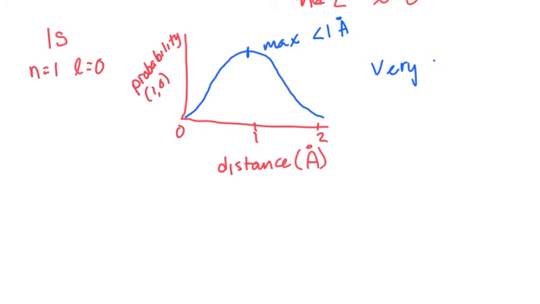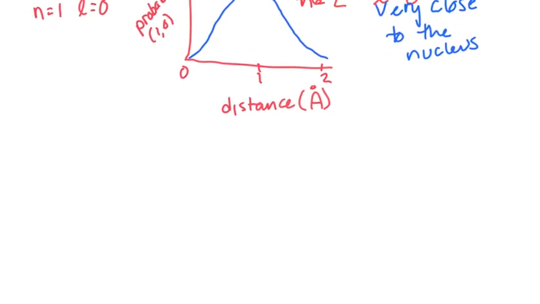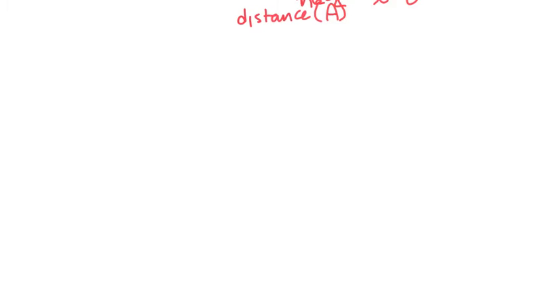So what we say is that the electrons in the 1s orbital are going to be very, very close to the nucleus. Okay, very, very close. So that's for the 1s orbital. Now if we move it up, when we do the 2s orbital, this is when n equals 2, and then again L is equal to 0.